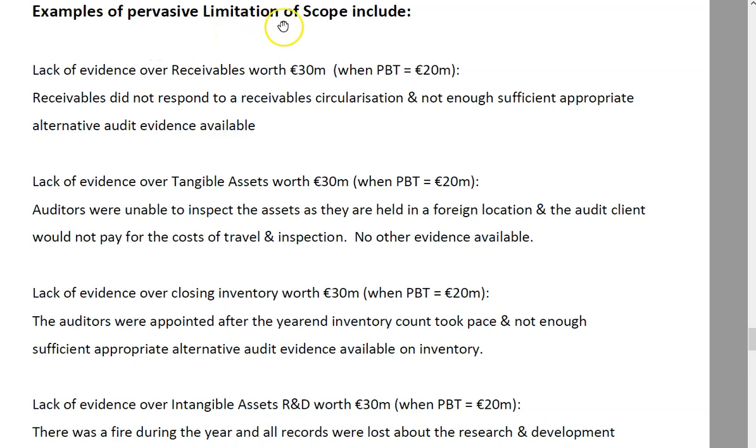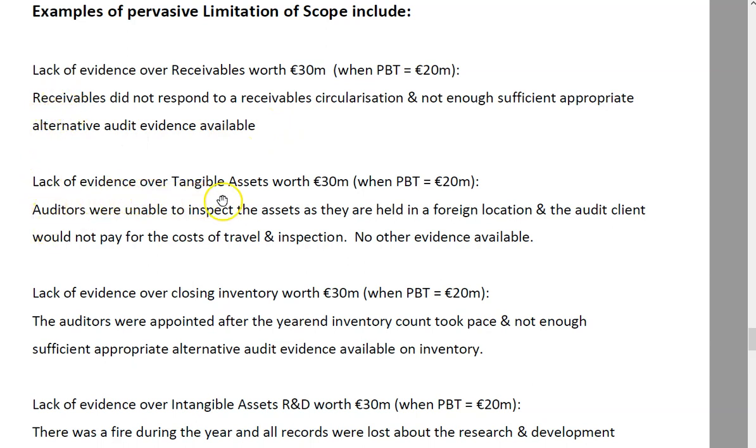So just for now, concentrate on why there is a lack of evidence. So receivables did not respond to a receivable circularization, and not enough other evidence is available. That's an example of auditors not being able to get evidence on receivables. So there's no error here. So it's important that you can see the difference between an error and a limitation of scope.